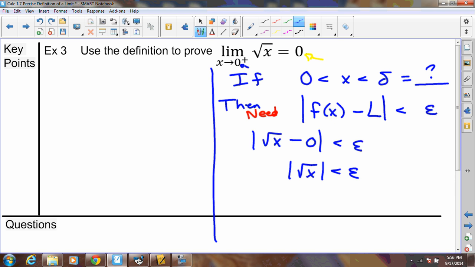Well, one thing to keep in mind now, absolute value of a square root. Square roots are already positive. When we use the square root symbol like this, it means the positive square root. So we already have positive numbers. We don't need the absolute value because the square root alone already gives us positives.